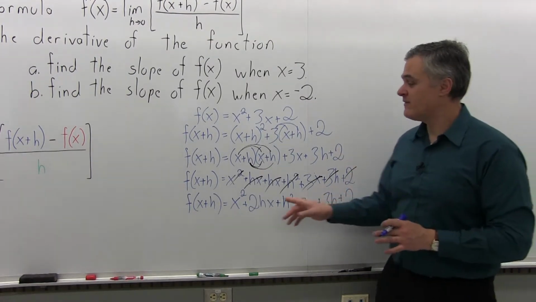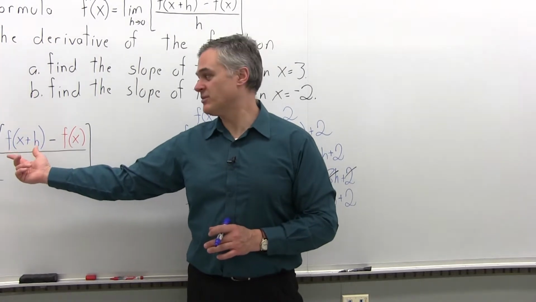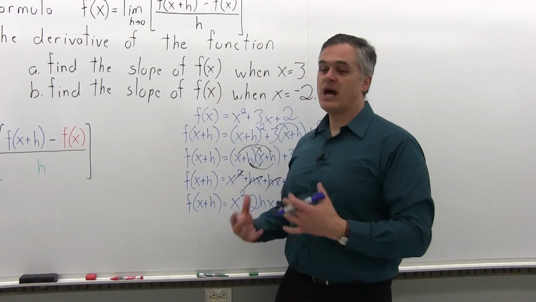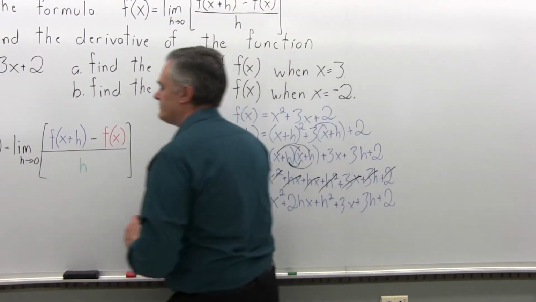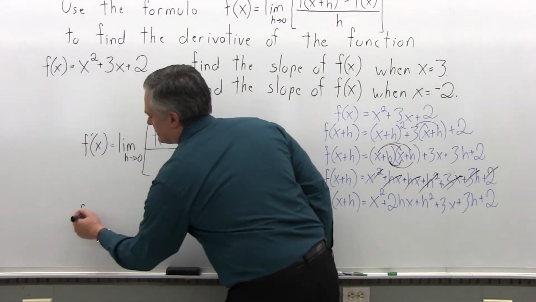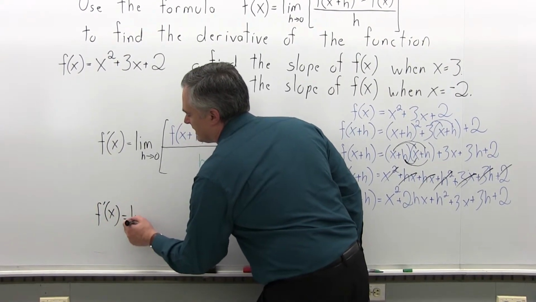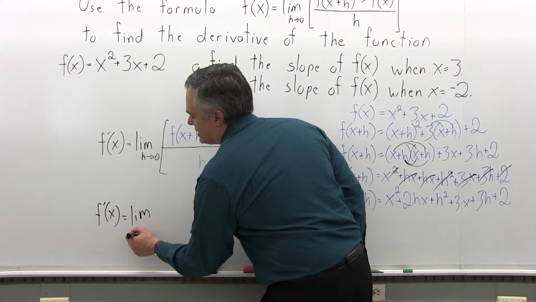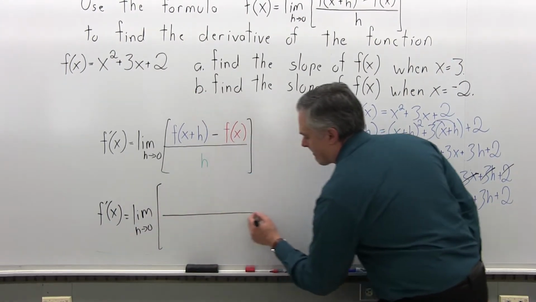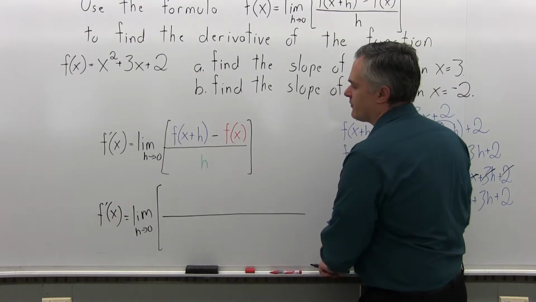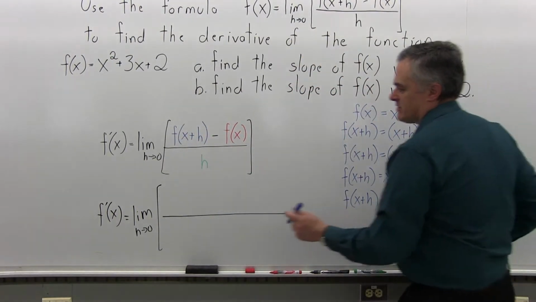plus 2. We've found f of x plus h, the blue portion of my difference quotient formula for the derivative. So now we can start filling stuff in. So we do this. F prime of x, what we call the derivative, equals the limit as h approaches 0 of, so now the blue part of the formula, f of x plus h, I have the answer over here.